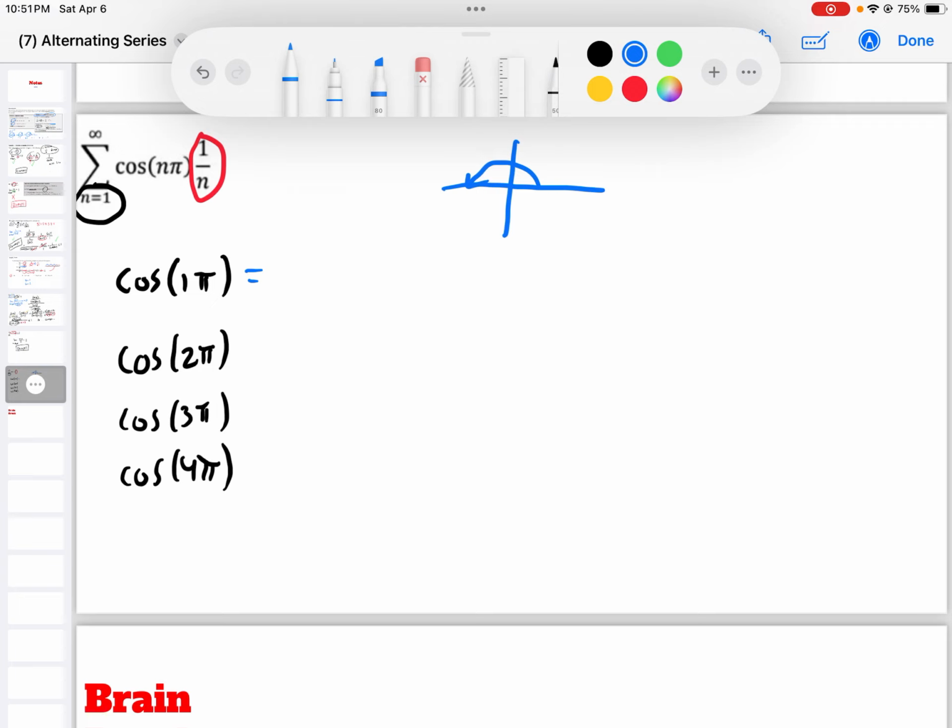The cosine there on the unit circle, the x would be -1. Cosine 2 pi, the x coordinate there would be 1. Cosine 3 pi would be -1 again. Cosine of 4 pi, 2 circles around, is back to +1.